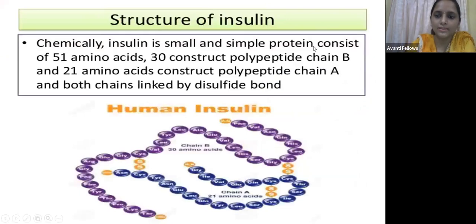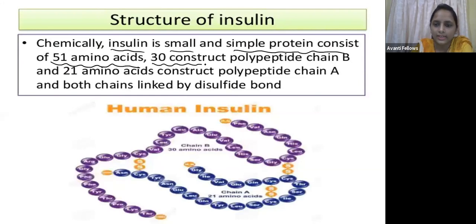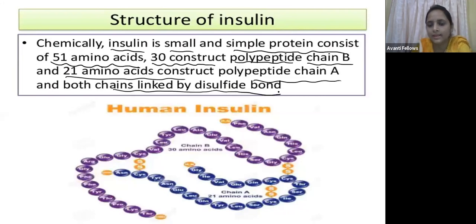Chemically, insulin is a small and simple protein consisting of 51 amino acids. Thirty amino acids construct polypeptide chain B, and 21 amino acids construct polypeptide chain A. Both the chains are linked by disulfide bonds.